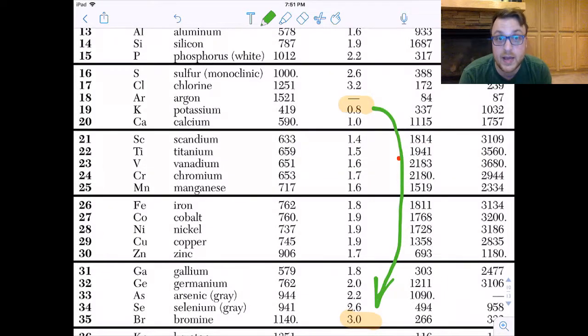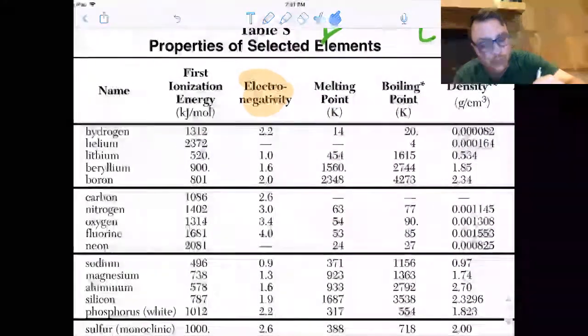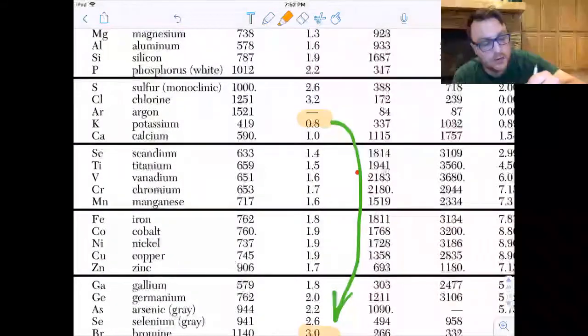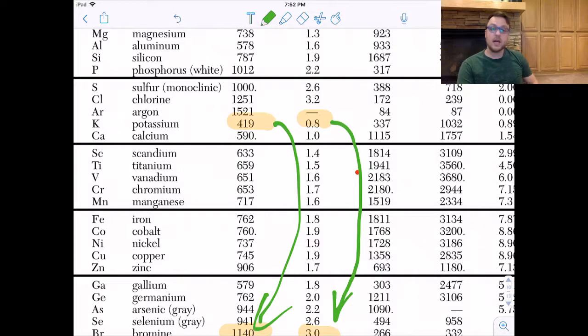You can also look at ionization energy. Ionization energy for K and Br. Here's K. Here's Br. So generally speaking, as you're going across period 4, well, ionization energy is also going up.